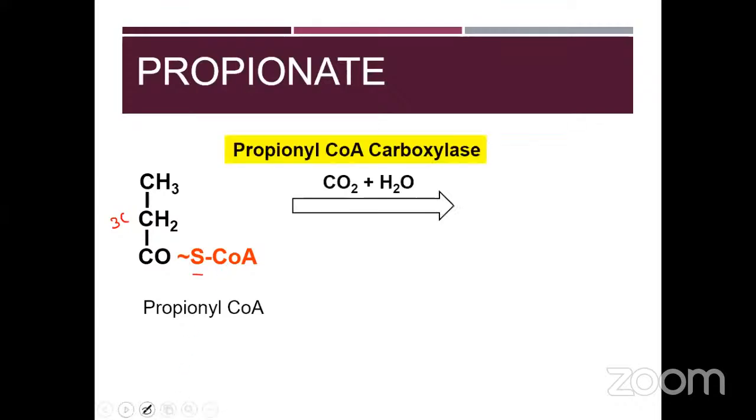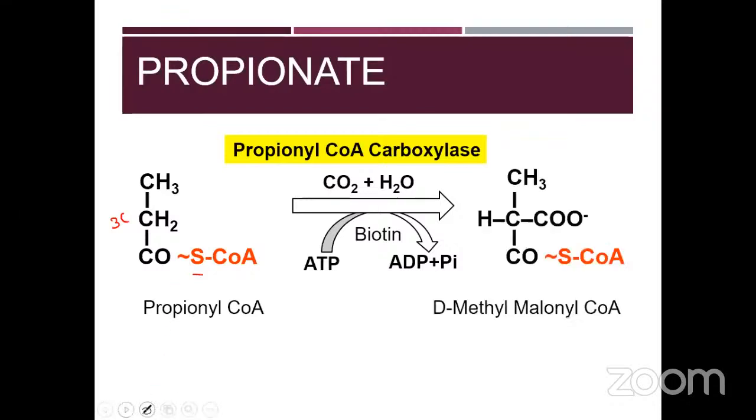How it can be channeled is that there is a carboxylation reaction. So propionyl CoA, addition of carbon dioxide. So one more carbon dioxide can be added to form this compound, D-methylmalonyl CoA. The rest of the thing is called malonyl CoA.